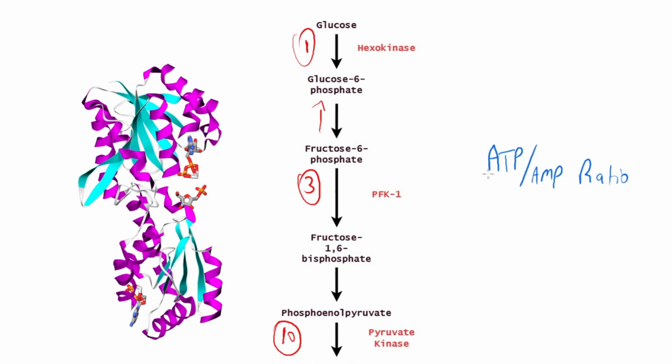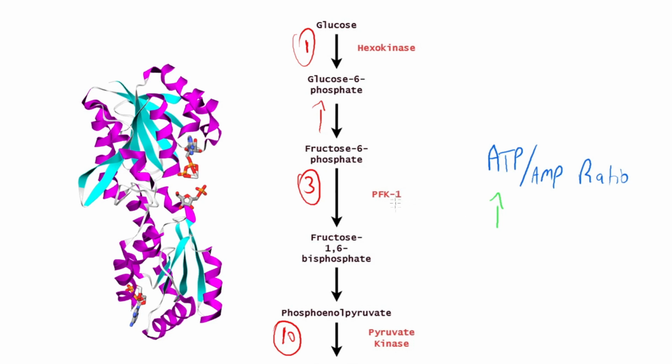Let's say you have a high level of ATP, or a high level of the ratio. If the ratio is high, it means you have more ATP and less AMP. Because you have a lot of energy, this is a signal for having high energy. Therefore you want to inhibit glycolysis and produce less energy.